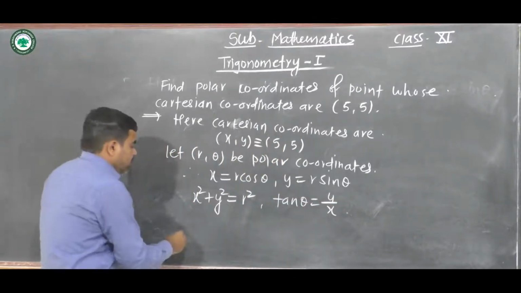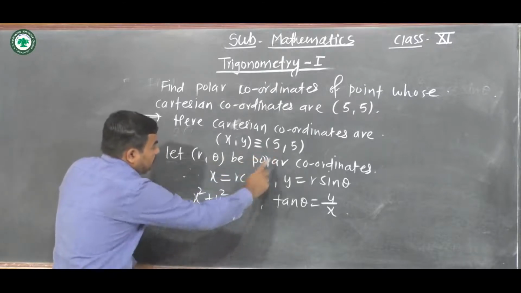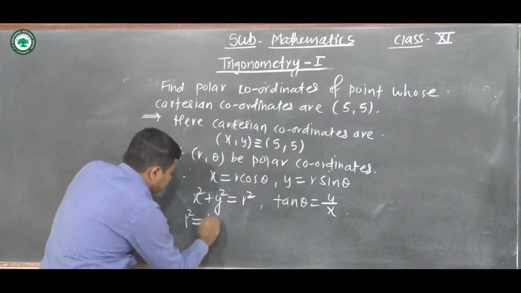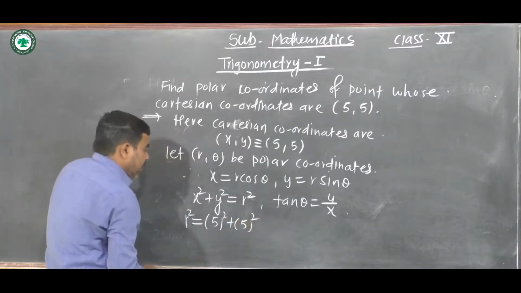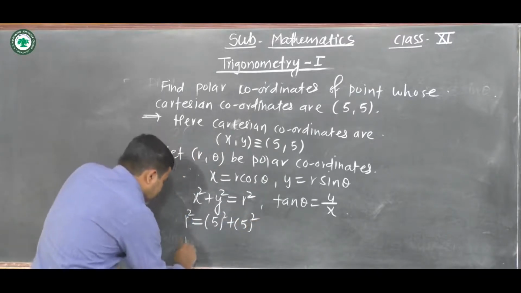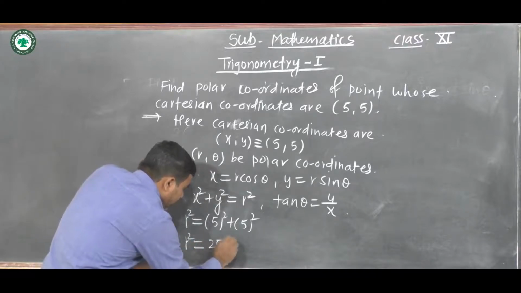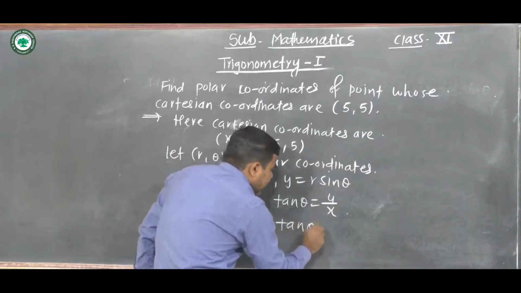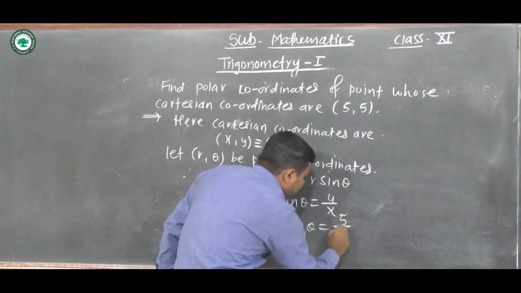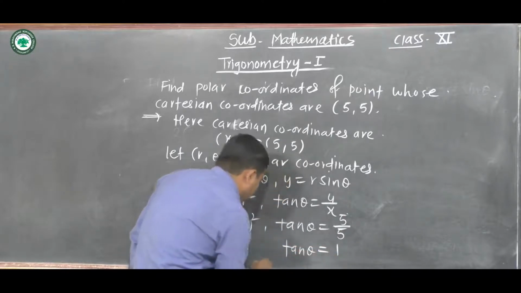So from the first equation, r square is equal to x square plus y square, where x is 5 and y is also 5, so it is 5 square plus 5 square, means r square is equal to 25 plus 25. Here tan theta is equal to 5 divided by 5. It means tan theta is equal to 1.